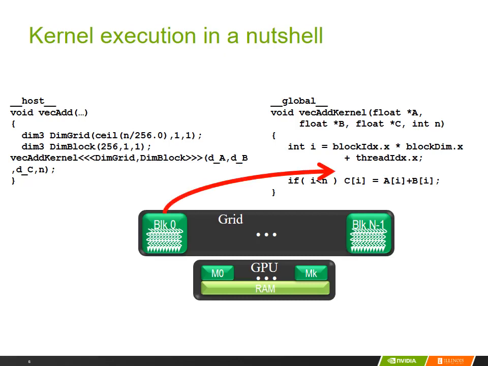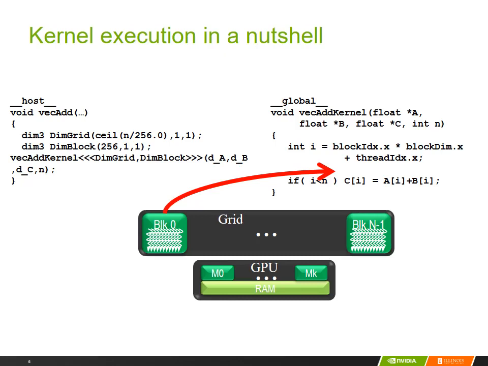Every thread will have a combination of blockIdx and threadIdx, so that all the threads in the grid will be able to form a unique index value i, and so that they will access a different pair of A and B elements and produce an output C element. As we mentioned before, all of them will also be using i in the decision about whether they will be participating in the addition.